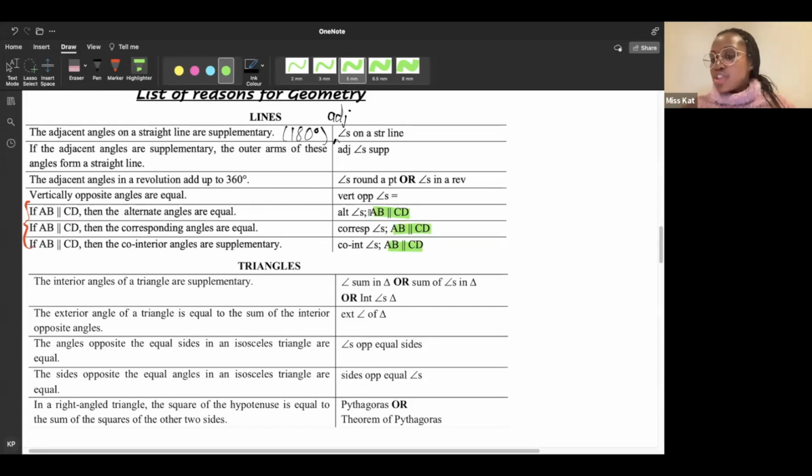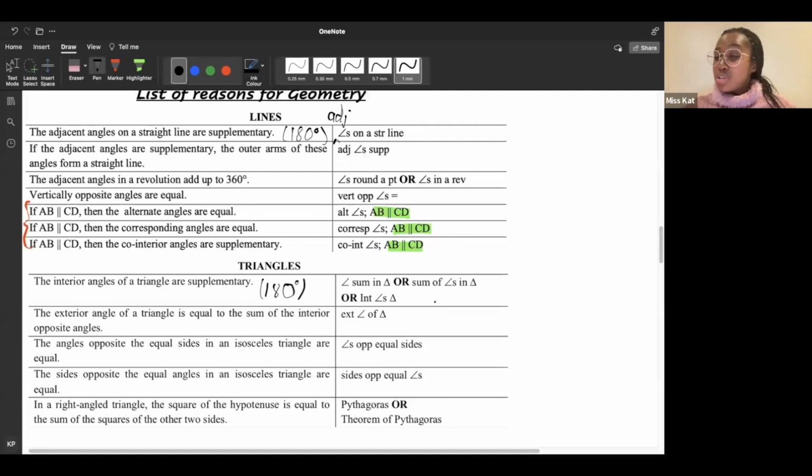Now, I know we haven't done triangles, but you guys have done triangles in previous grades, so these are some of the reasons that I expect you to know. First, the interior angles of a triangle are supplementary, which means they add up to 180 degrees. For this, you can say angle sum in triangle, or the sum of the angles in a triangle, or interior angles of a triangle.